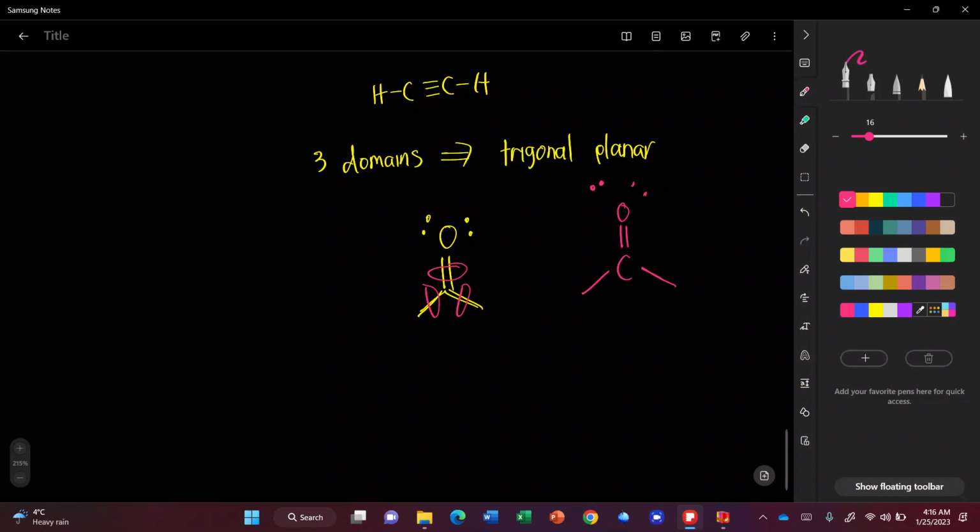And the last one, and I'm talking about this one last because it has a little bit of a caveat. If you have four domains, you are almost always, not always, but almost always tetrahedral.